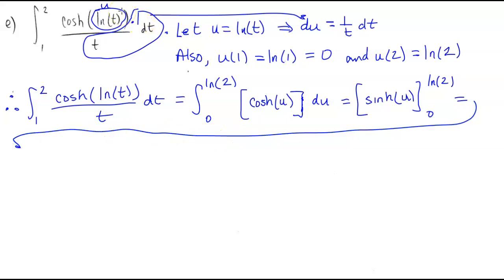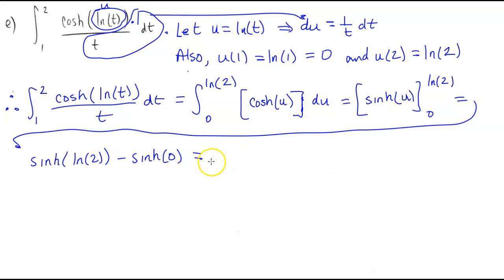And so now what we can do is let's go ahead and evaluate this. We'll put it in this form here. And one thing we'll see is that sinh of 0 should be 0, but I'm just going to put everything in exponential form so that you can actually see that.